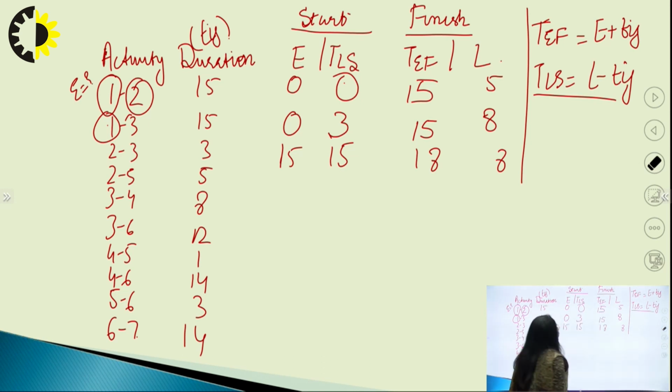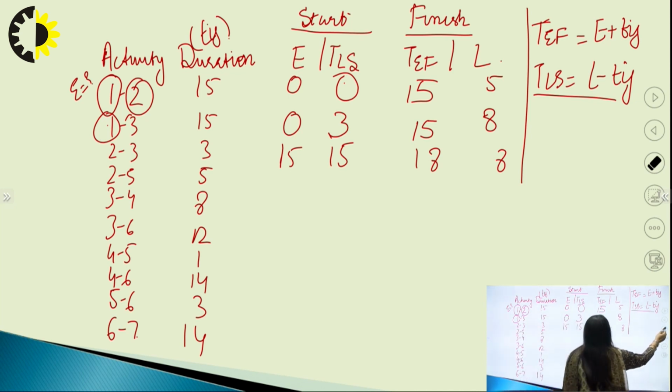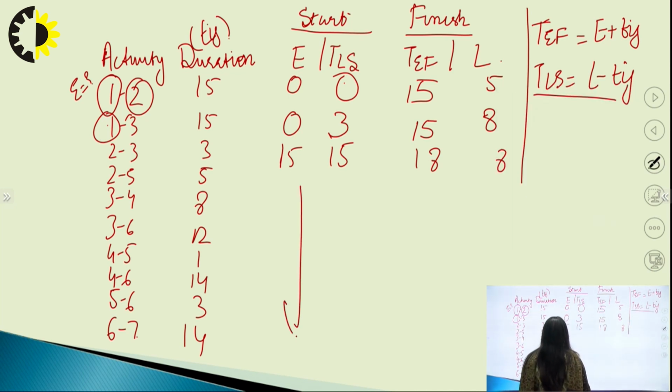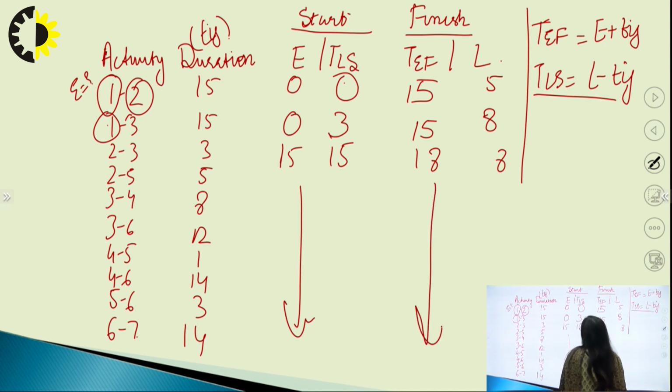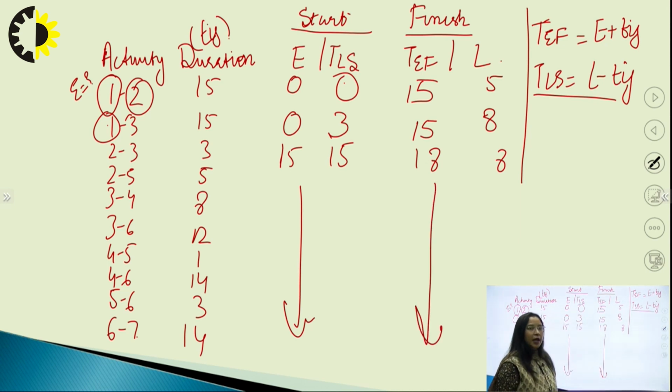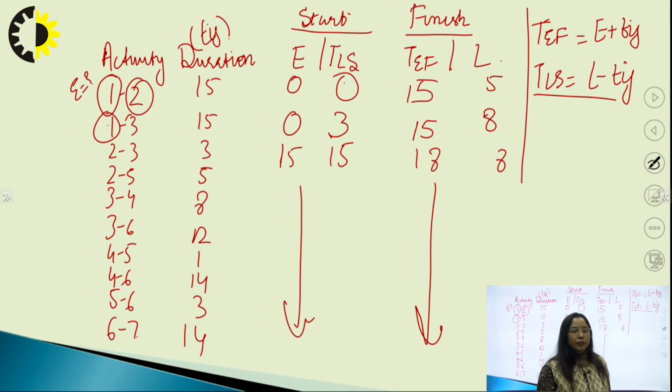Now, we will find out the value of float. Similarly, you can find out the values of the corresponding activities and the corresponding 4 times between them. Now, what is important, as I told you, is to find out the critical path.